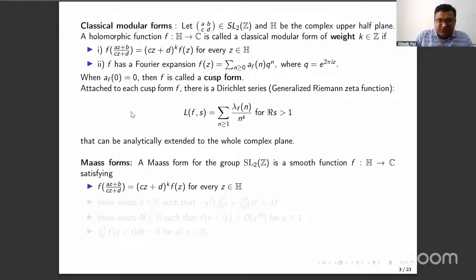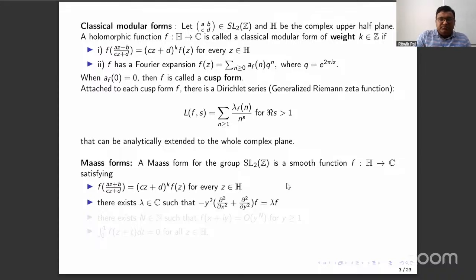Now we come to the Maass forms. A Maass form is not necessarily holomorphic. In fact, it is a smooth function from the complex upper plane to C, and it satisfies four properties. First is the same property for the modular transformation. Second is that it will be an eigenform for the hyperbolic Laplacian operator, and here lambda is the eigenvalue of the hyperbolic Laplacian operator.